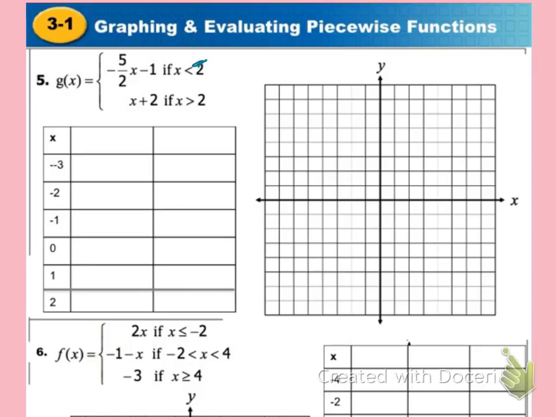Actually, let's change it to -1. So these are going to be for x is less than -1. And actually, let's change one of these to say or equal to. So let's change the first one to be x is less than -1 and the second interval to be x is greater than or equal to -1.